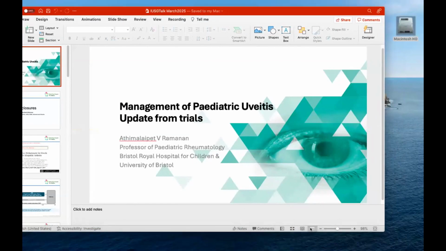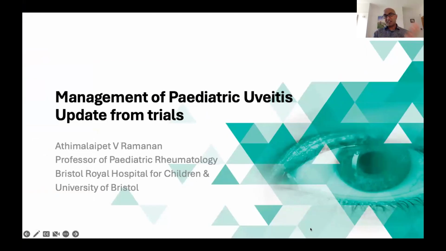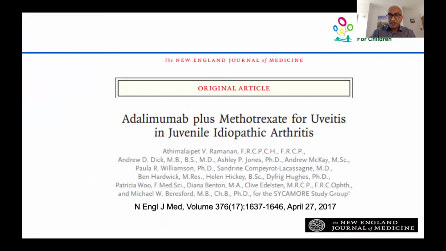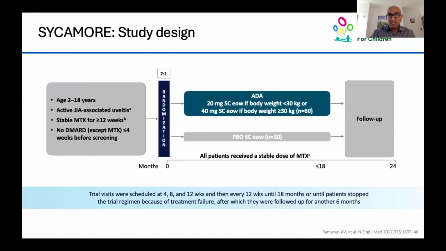Okay. Great. I'll just show you some of the trials, but I'll run through them because most of them have been mentioned, and I will focus on the ones which haven't been mentioned. These are my disclosures. So this has been talked about, and just to mention, at that time, our key goal was to include JIA-associated uveitis because the regulatory bodies like FDA and EMA didn't recognize that chronic anterior uveitis without arthritis is the same disease, which we all now recognize as.